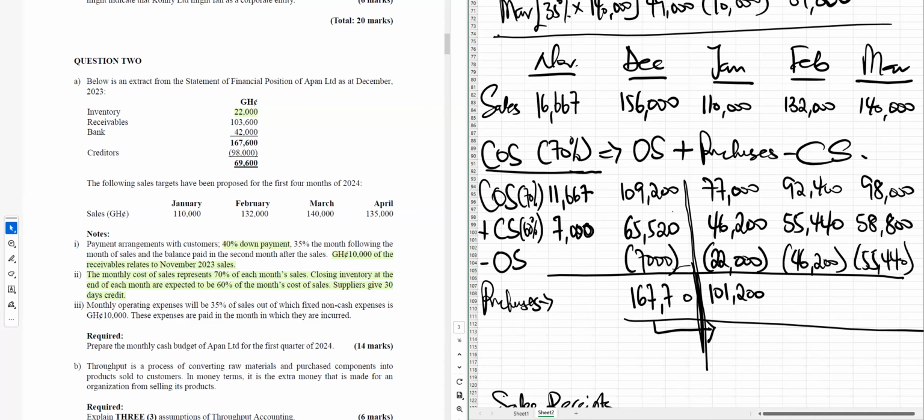But the closing stock becomes the opening for the following month. Oh, it's the closing that becomes the opening. Okay, so if January opening, okay, so this, okay. 101,360.